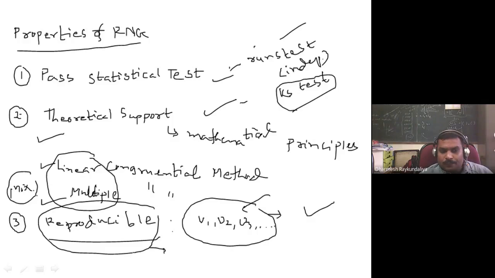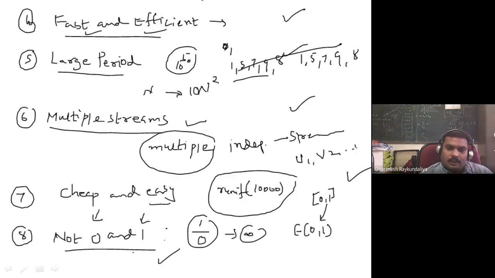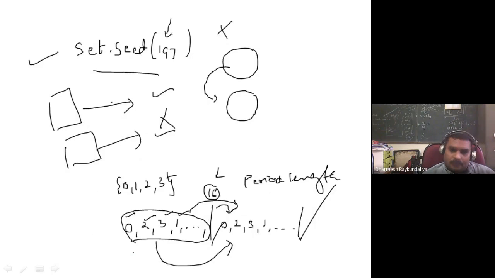It should be reproducible. The generator should be fast and efficient. It has a large period. It can help you generate multiple independent streams. It should be cheap and easy, and it should not produce 0 and 1. So these are the properties we have seen.